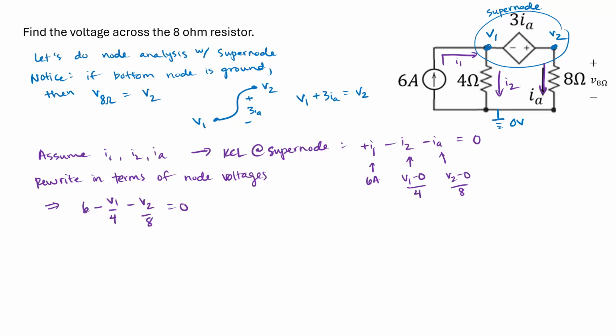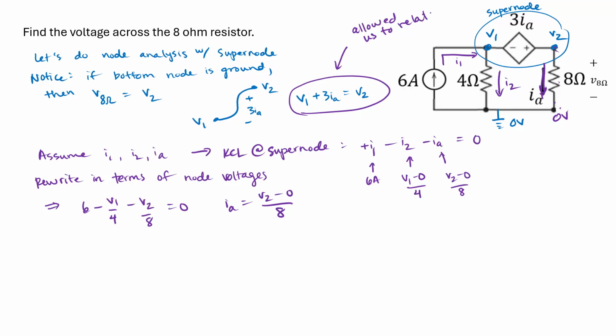We need a second equation for V1 and V2 in order to solve. And notice we have this V1 plus 3 I sub A. So notice this equation also allowed us to relate the IA that our dependent source depends on to our node voltages.